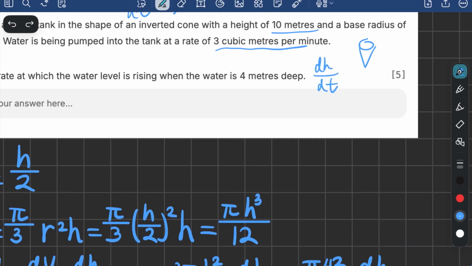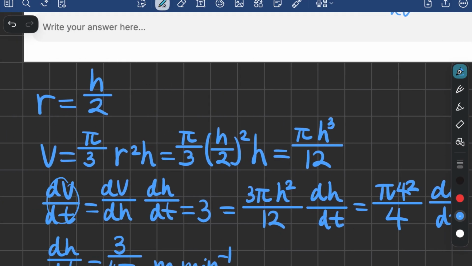h is already given, so h equals 4. So we can have this as a numerical value and this as a numerical value, and we will know what the question is asking for. We will find out what dh dt is.